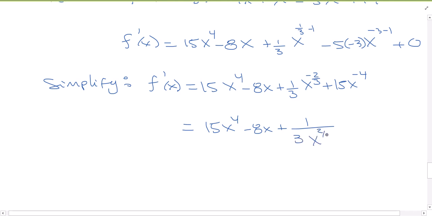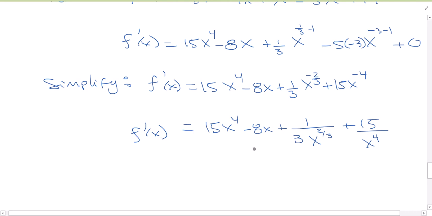If you want to write it as a radical, back to a radical, you can. Plus, now how do you rewrite this? Who does the negative belong to? Does it belong to the whole thing, 15x, or just the x? Just the x, right? So the 15 will stay at the top over x to the 4th. And so this will be our derivative.